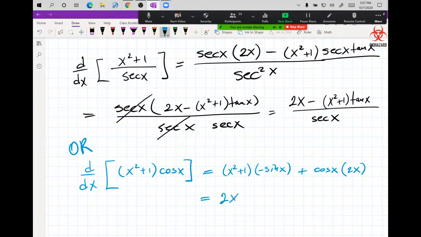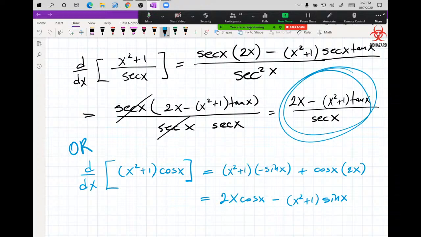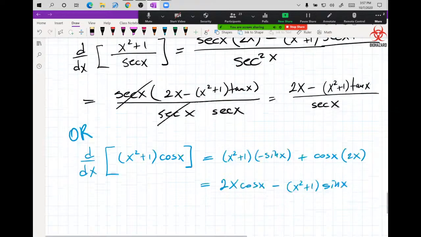It equals 2x cosine x minus x squared plus 1 sine x. There we go. If you multiply this over here by secant x over secant x, you will get this form.